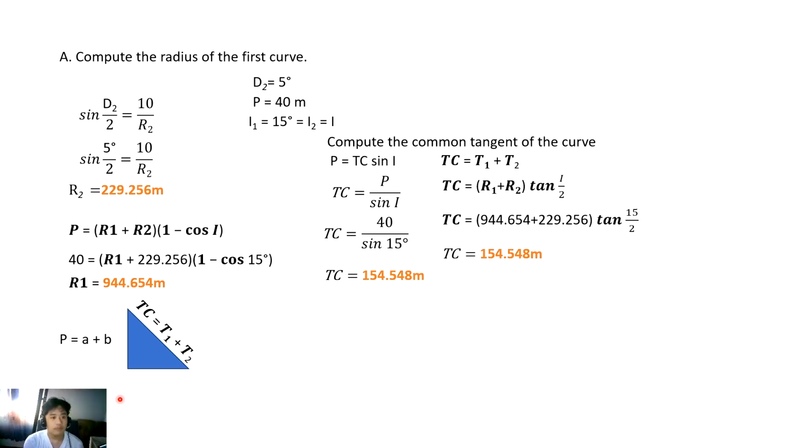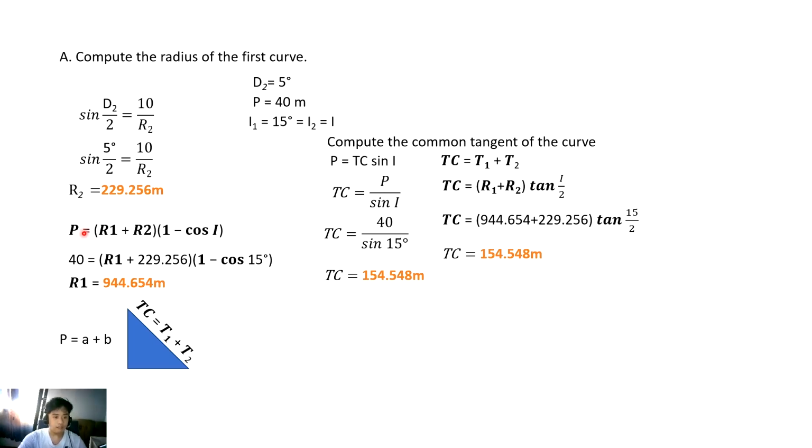So, pag gagamit tayo ng chord basis, we're going to use the formula sin d2 over 2 equals to d2, so 5 degree over 2 equals to 10 R2. So, lalagay lang natin yan sa calculator and we'll get the R2, which is 229.256. So, mali lang din yung discrepancy nila.